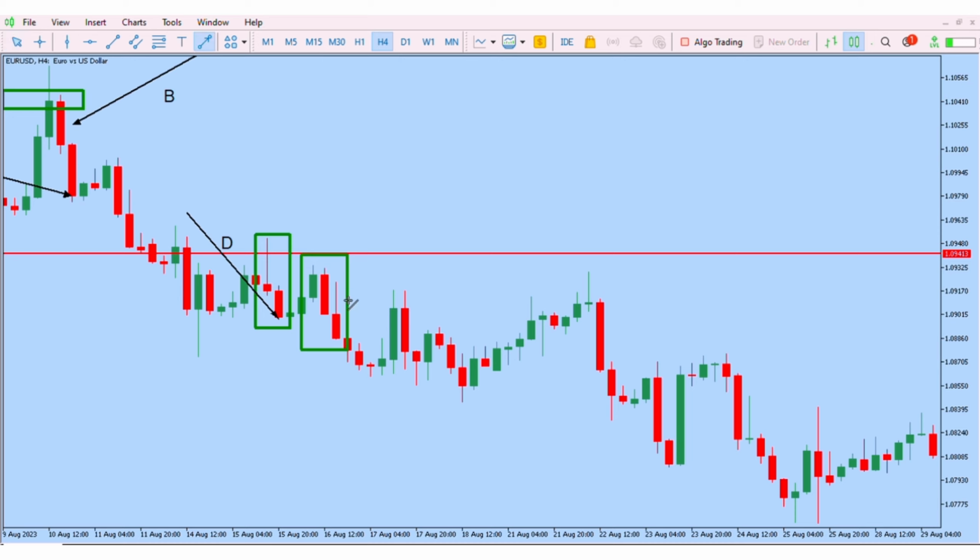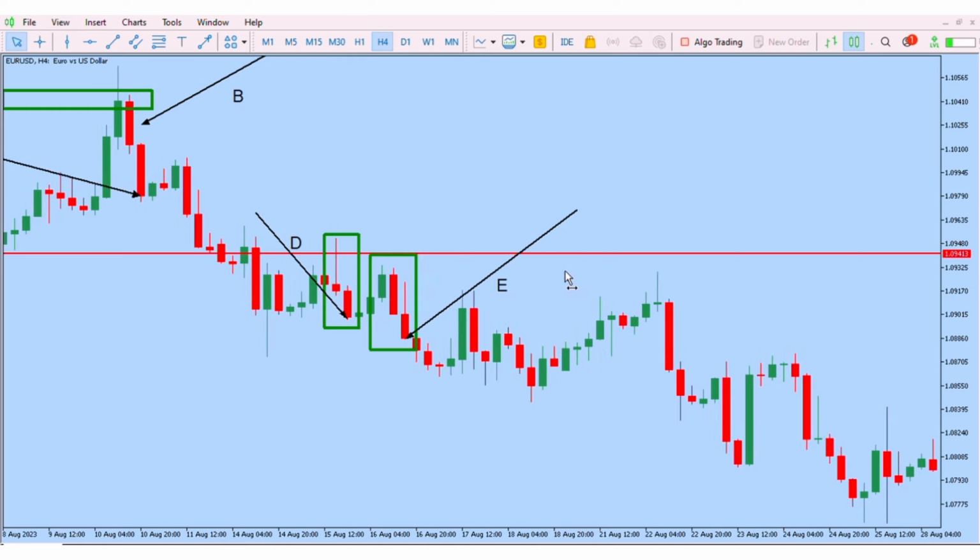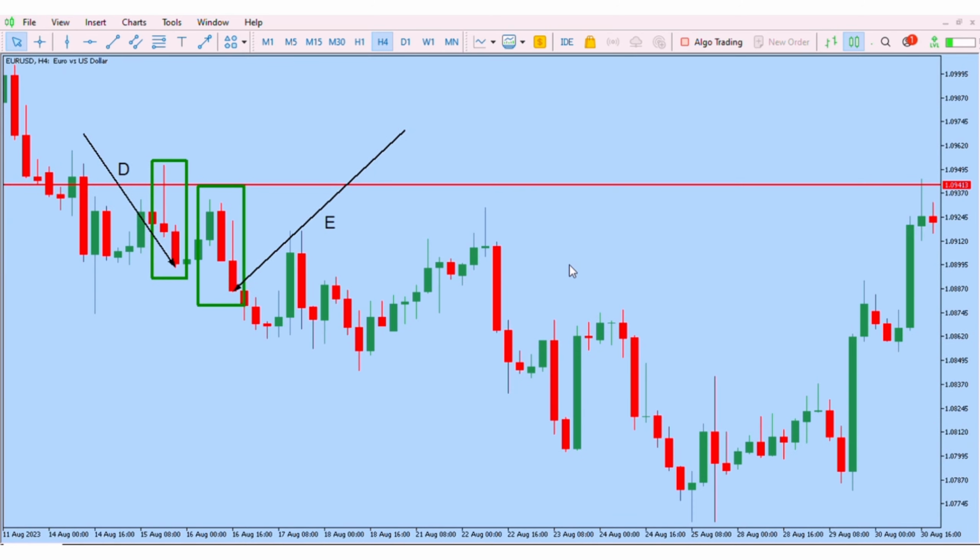Now, the market is more simplified. We will name this sell arrow E. The support level is a new resistance from market prices.